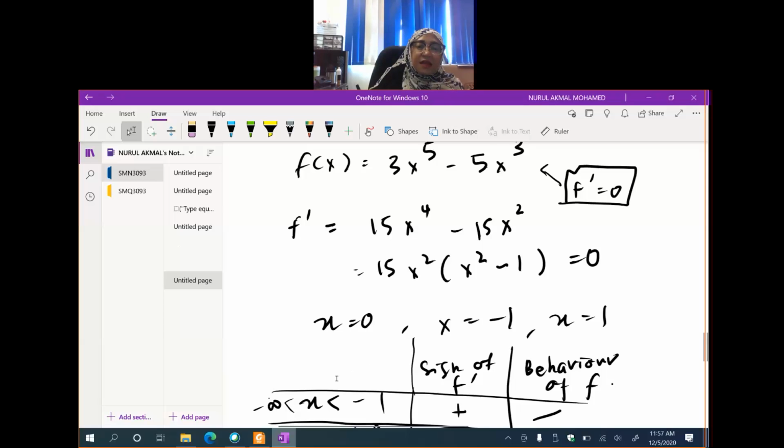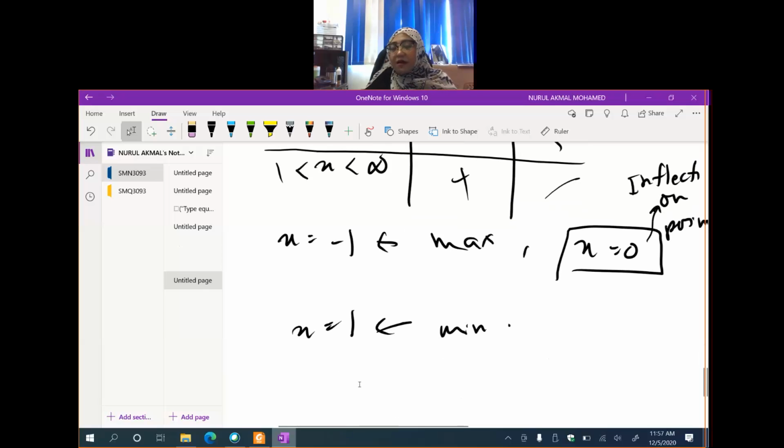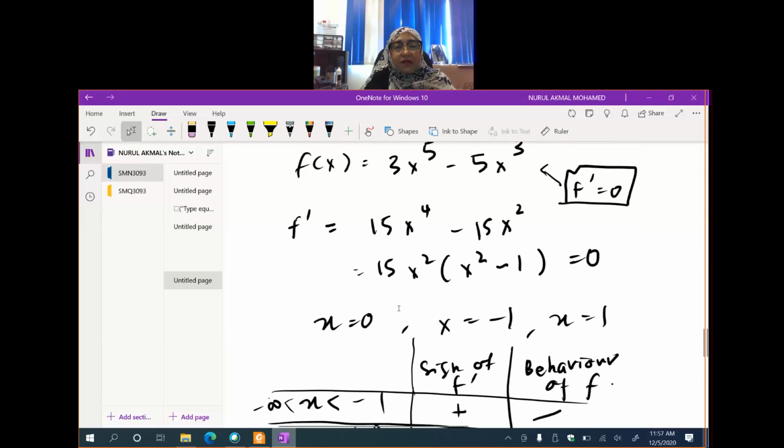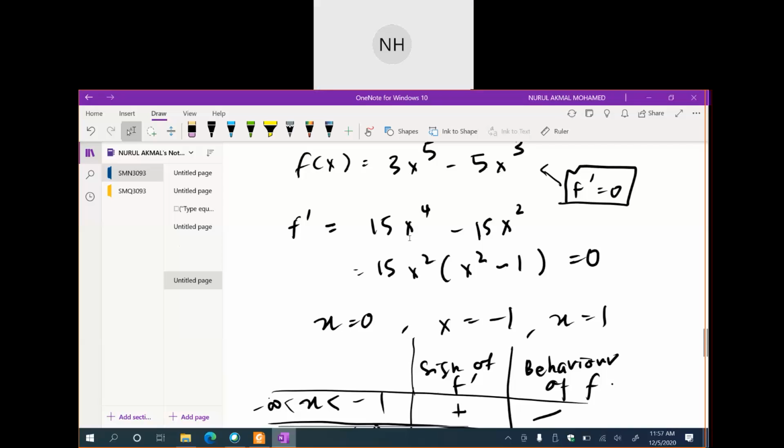So if you differentiate f double prime, you will get what? From here you will get 5 multiplied with 4, which is 60.